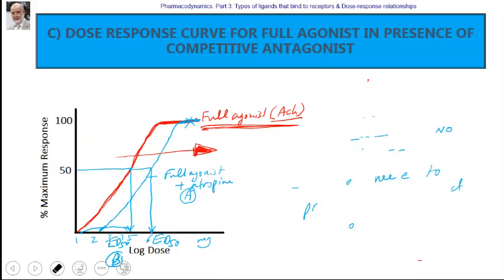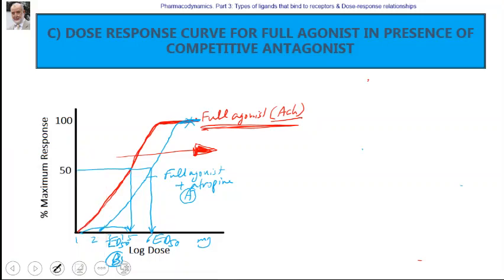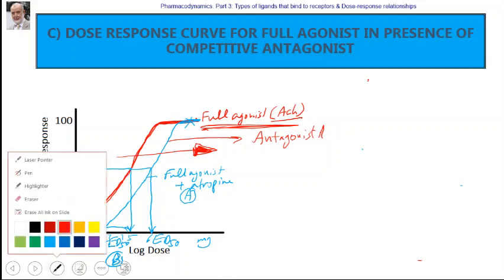Let us take an example. Suppose we have two antagonists: antagonist A, which is a competitive antagonist, and antagonist B. So this, for example, that we drew first, is antagonist A. Suppose I have antagonist B, another antagonist.